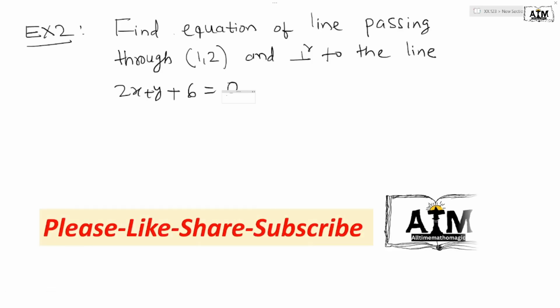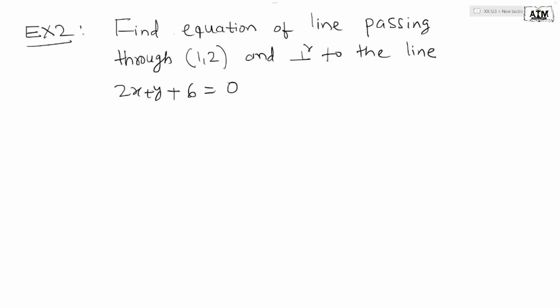Example 2: find the equation of the line passing through the point (1, 2) and perpendicular to the line 2x plus y plus 6 equals 0. Solution. First of all, we draw a rough diagram here.